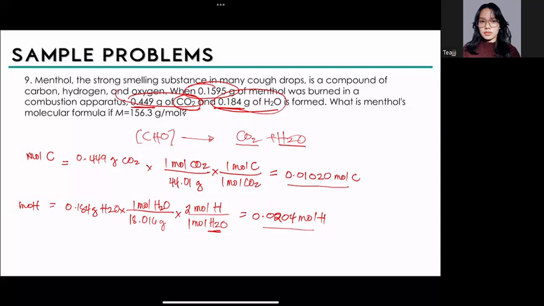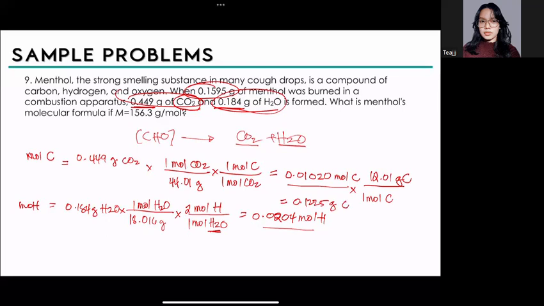Now let's do that. Convert moles of carbon into grams. So 1 mole of carbon is equal to 12.01 grams of carbon. That's going to be 0.1225 grams of carbon.